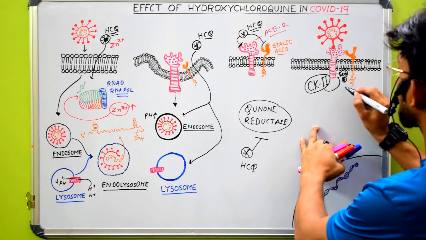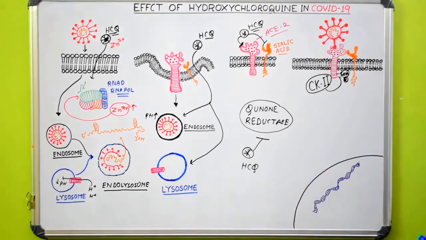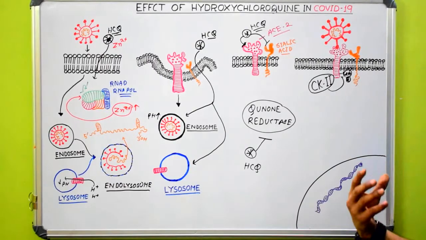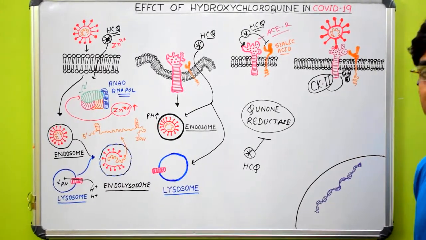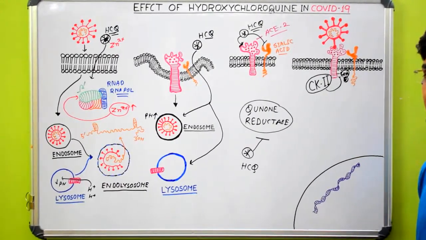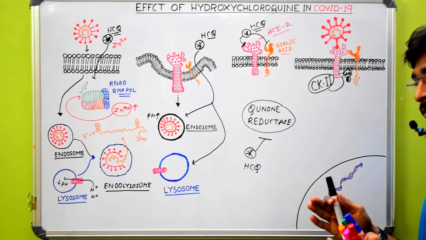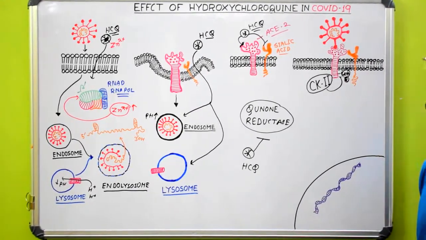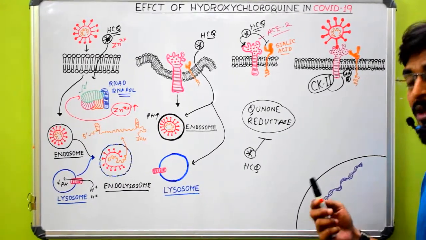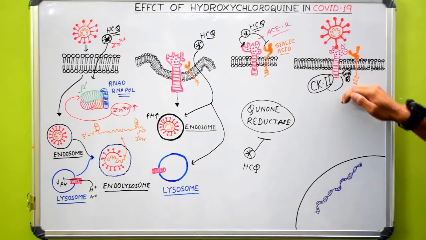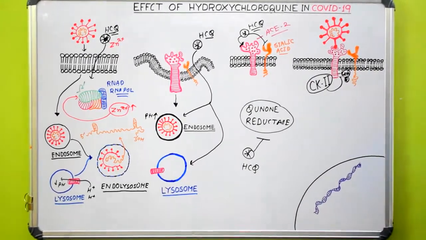It undergoes some cascade events by phosphorylation to activate a particular transcription factor known as AP1, and that AP1 is responsible for the production of CCL2 protein, and that CCL2 protein will cause lung fibrosis. So this cascade is the MAP kinase pathway.